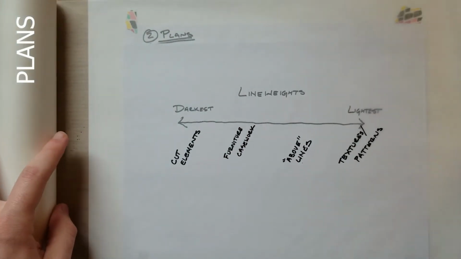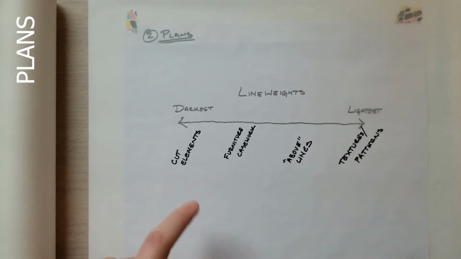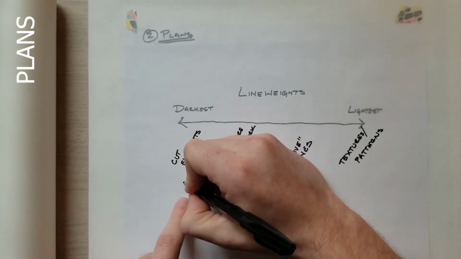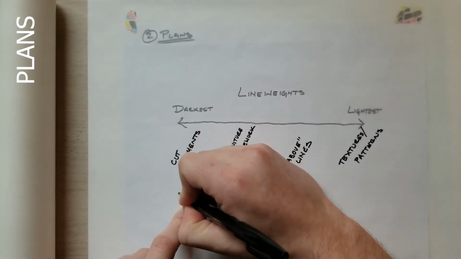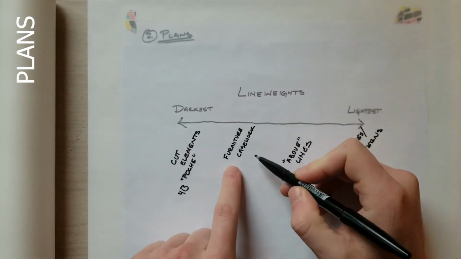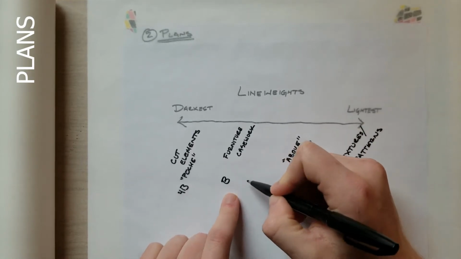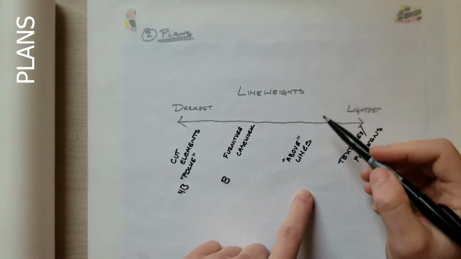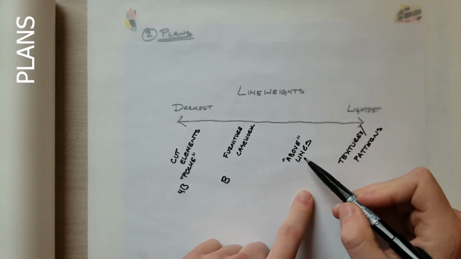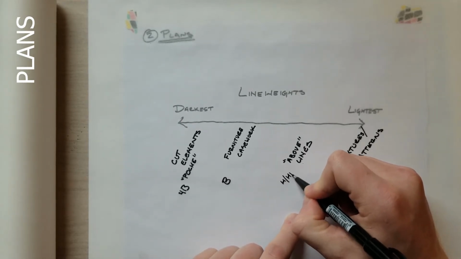In plans, the darkest elements are going to be your cut elements. So when you cut through walls, when you cut through doors, and these will also go along with your poche. That would probably be like a 4B. Your casework and your furniture is probably like a B, so you're getting something dark, it's noticeable because it's architectural. And your dashed above lines, so if something's overhead, you're probably getting into the HB range.